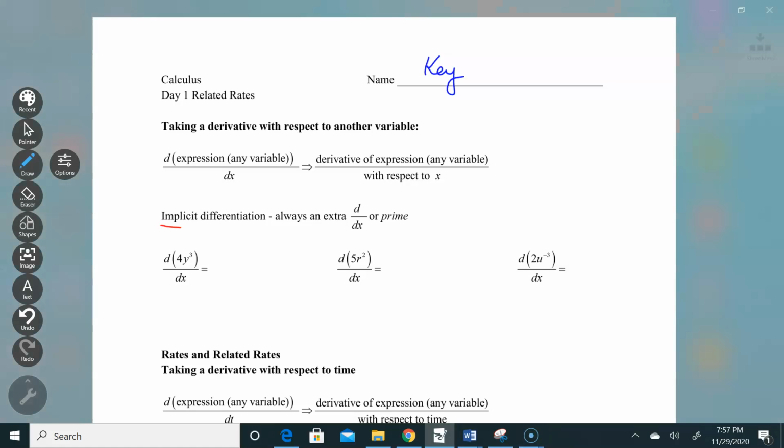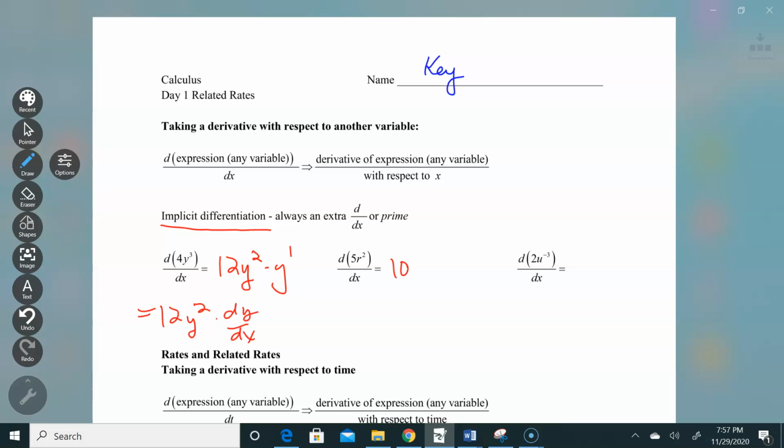differentiation. If you recall, with implicit differentiation, we always added an extra d/dx or prime to it. So an example like this, the d/dx of 4y to the third was 12y squared with an extra y prime on it, or 12y squared with the dy/dx.